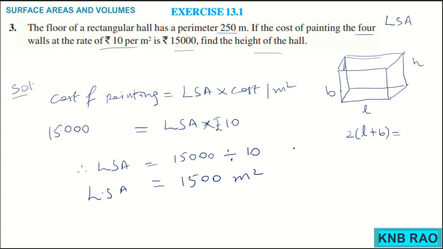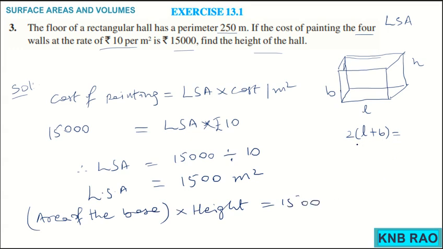Thus, the area of the walls is equal to 1500 meter square, whereas lateral surface area is the perimeter of the base into the corresponding height. Here, the perimeter of the base is given as 250 meter. That means this number is given, 250, and height we do not know. Let us assume it as h and substitute.